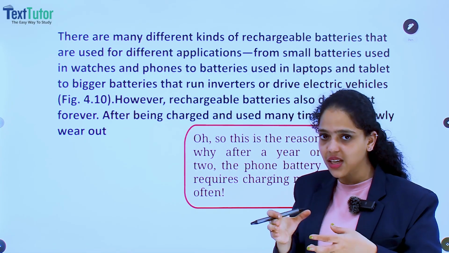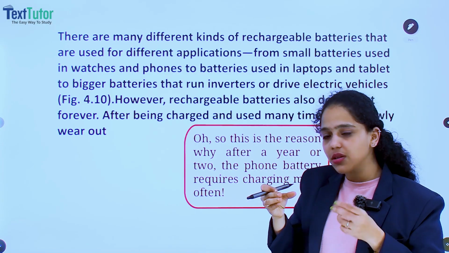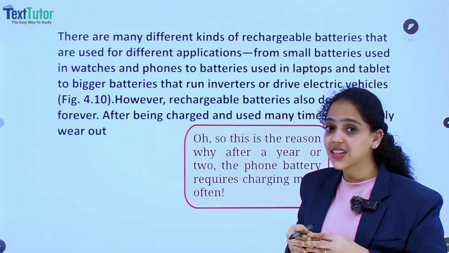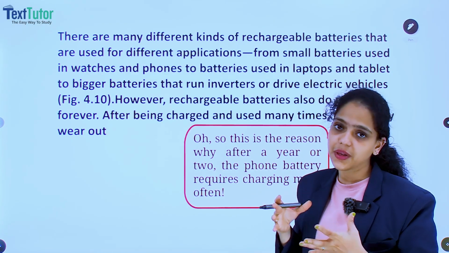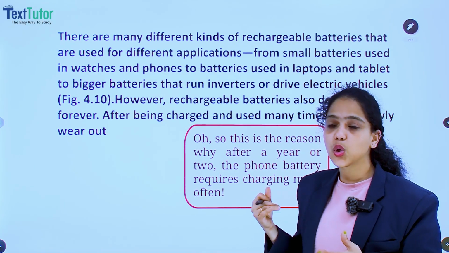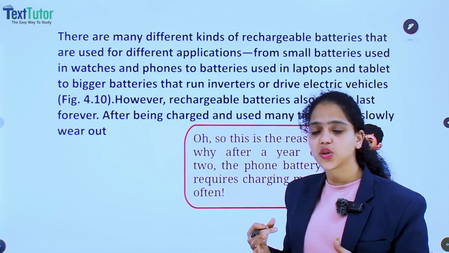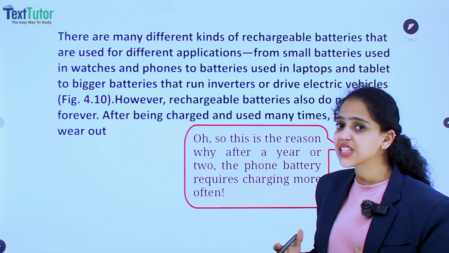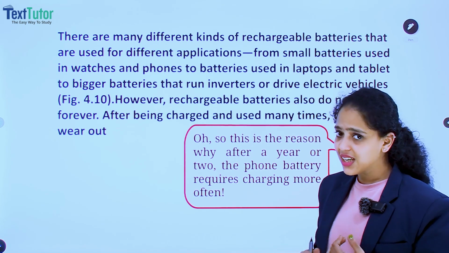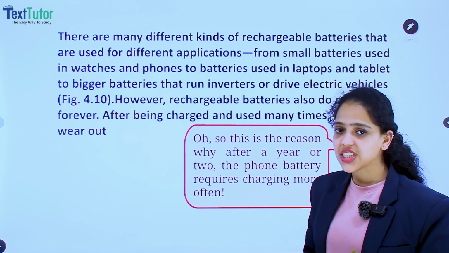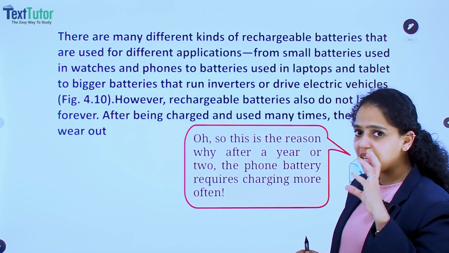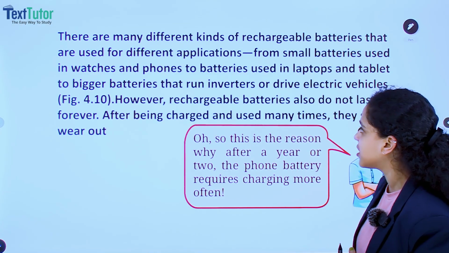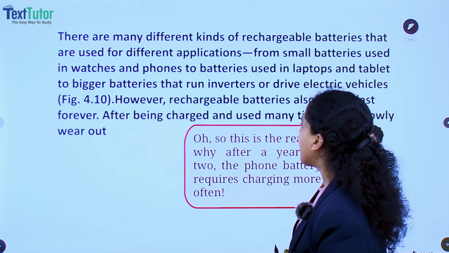Then remote batteries, which compared to button cells are bigger. Then the batteries we use in inverters are bigger. Then the batteries used in motor vehicles are also bigger. So there are different types and different sizes of batteries. One is rechargeable, then non-rechargeable batteries. Then based on the electrolytes and electrodes, there are different types of batteries. There are lots of batteries.